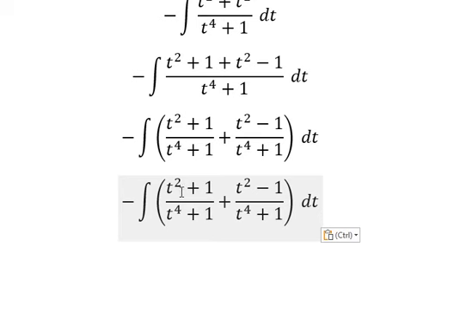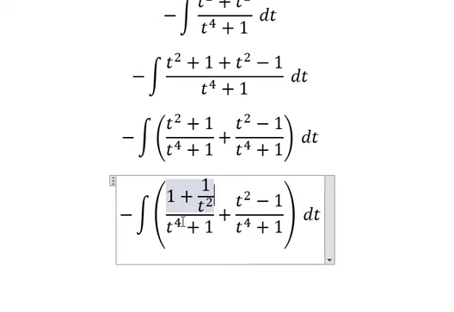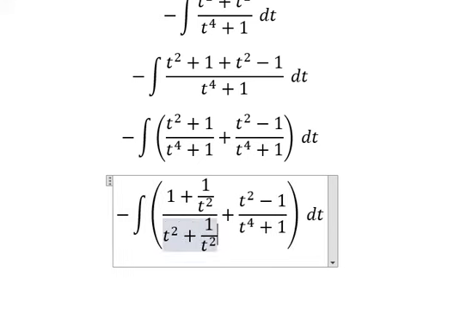Next, we divide both sides by t squared on the numerator and denominator. Similar for this one.